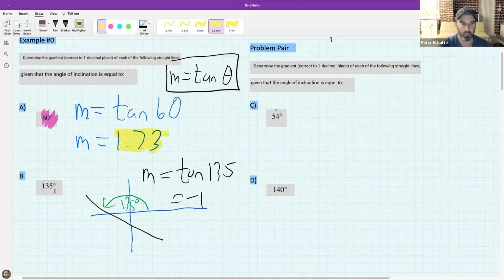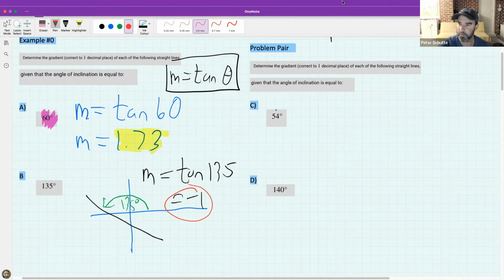Now, if they tell me the angle of inclination is 135, which I tried to visualize for you here, it's going to mean the graph has a negative gradient. You can see that. All I did was type tan 135, and I got my gradient was -1.